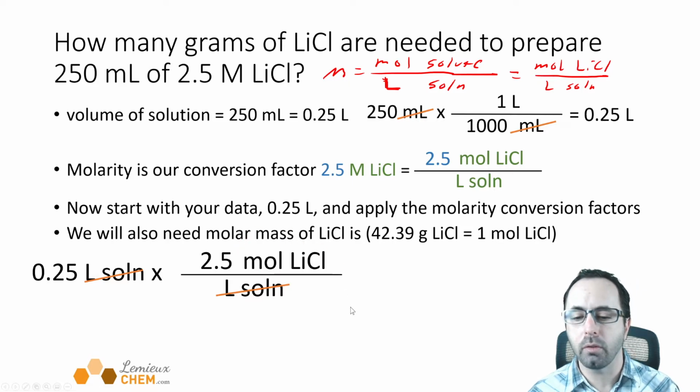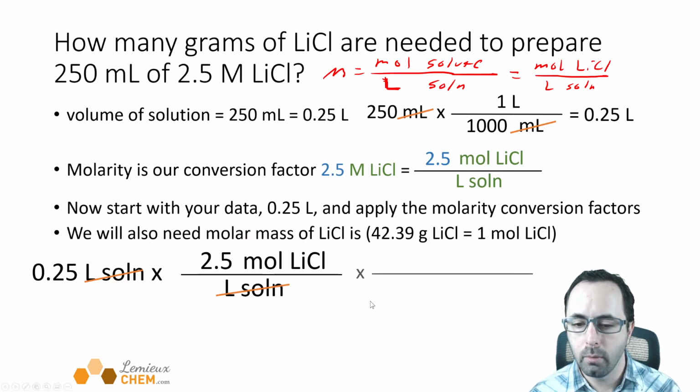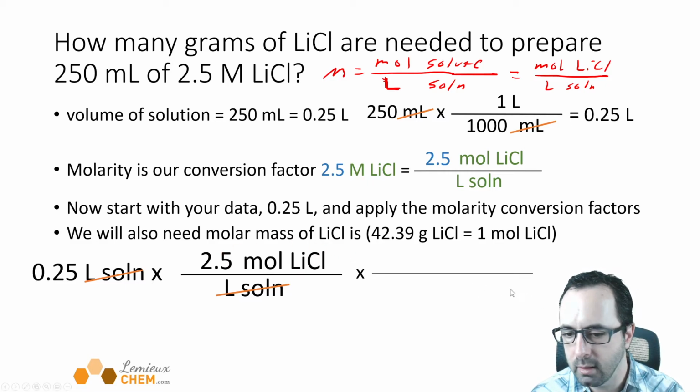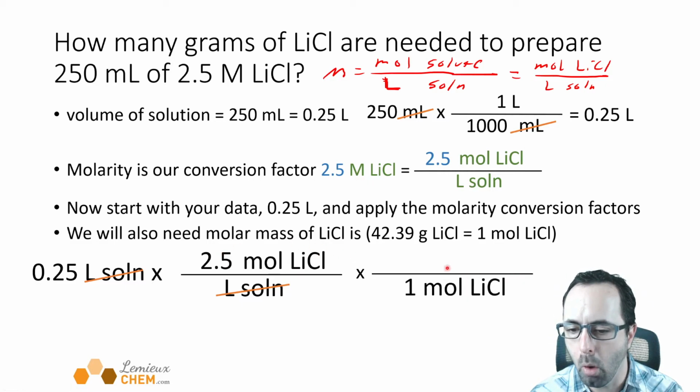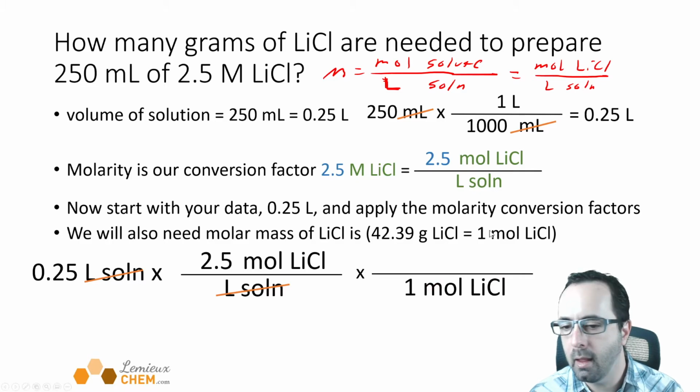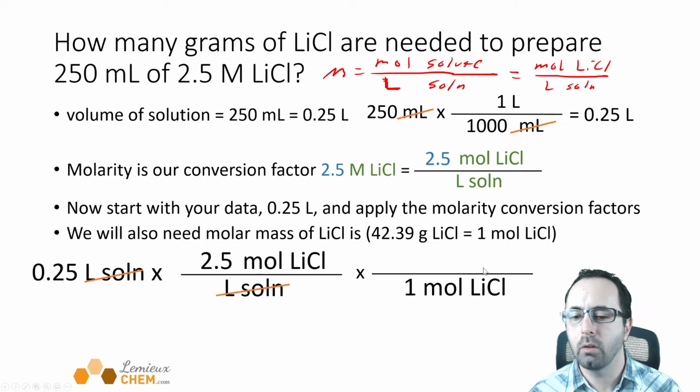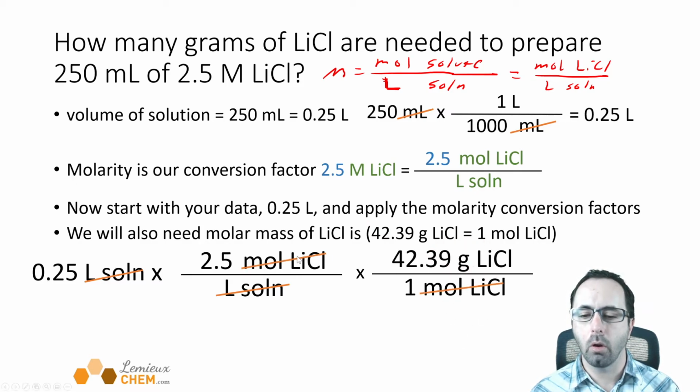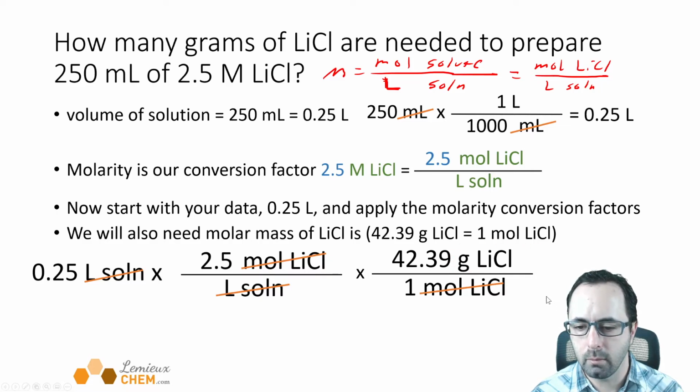Now we have moles of lithium chloride. So we know our next step better be what's here is right down here, moles of lithium chloride. And the number that goes with that is 1. And the other side will be this, 42.39 grams of lithium chloride. Moles of lithium chloride cancel. We get grams of lithium chloride here.